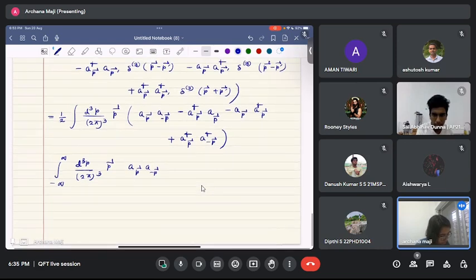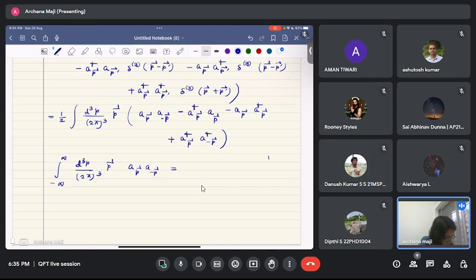So this is equal to, if I replace p vector by minus p prime, because it's a dummy variable, I can always do that. So we'll get minus d3 p prime, and the integration limits will be exchanged, infinity to minus infinity. You can also see that the integrand is odd, so that's why it will become 0, but you can see it explicitly.